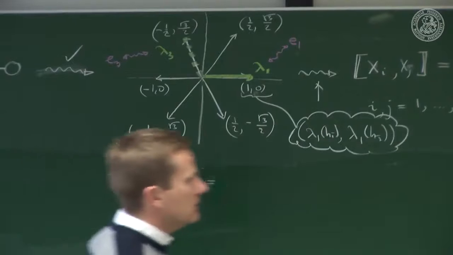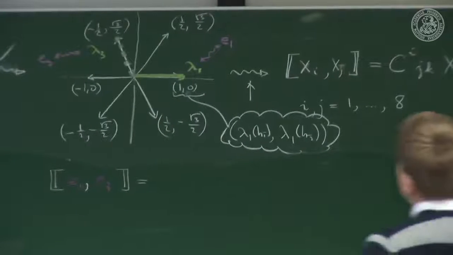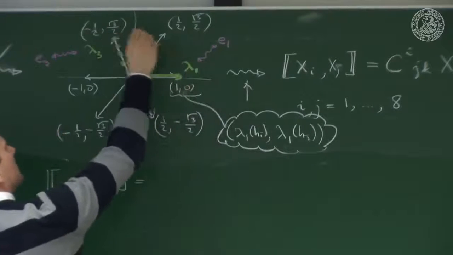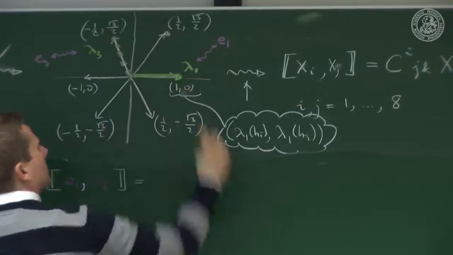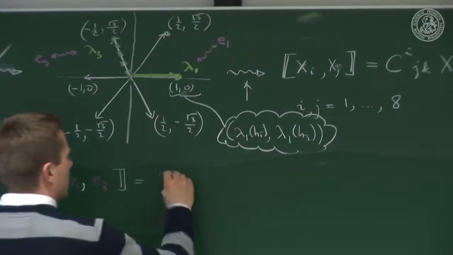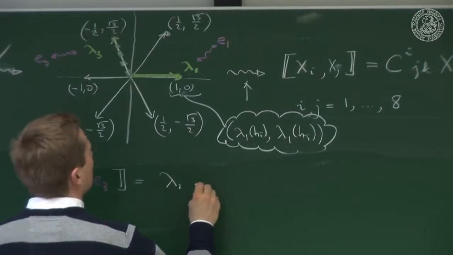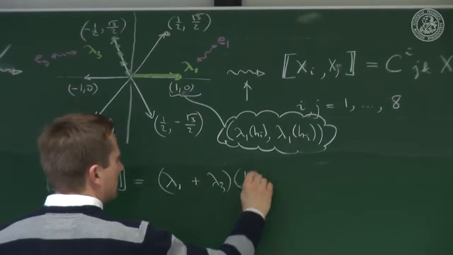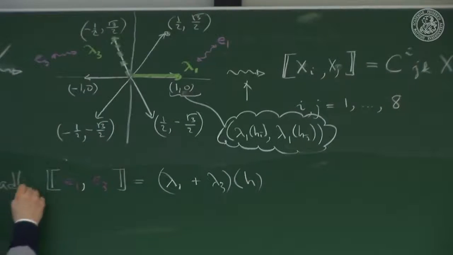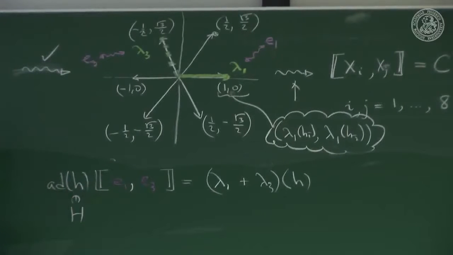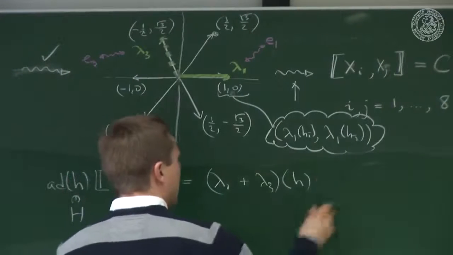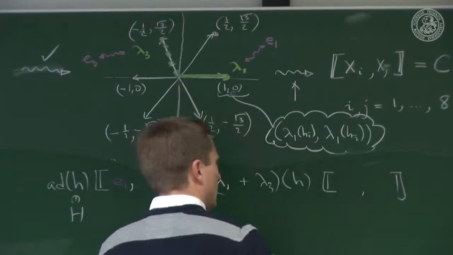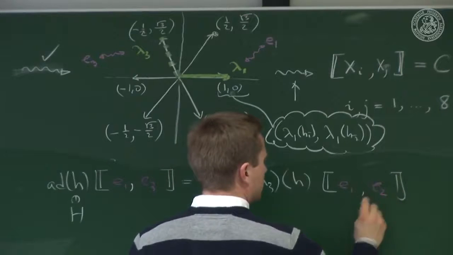then you know it's a root. You take this guy, lambda 1, you add it to lambda 3, and you land exactly here. So this is lambda 1 plus lambda 3 applied to some h, if I act on here with some h from capital H, and then I get exactly this guy back, E1, E2.